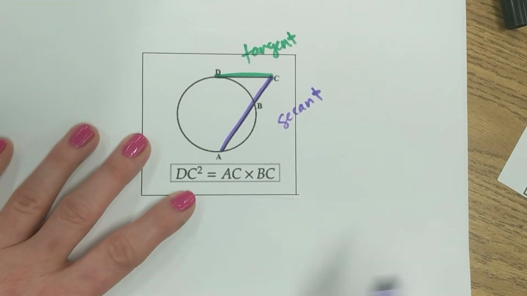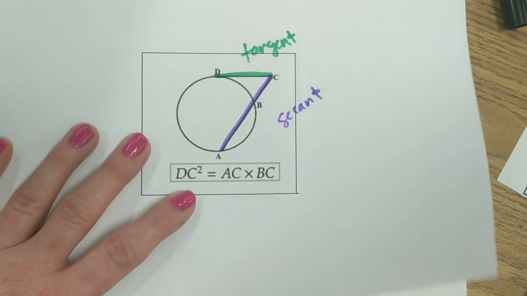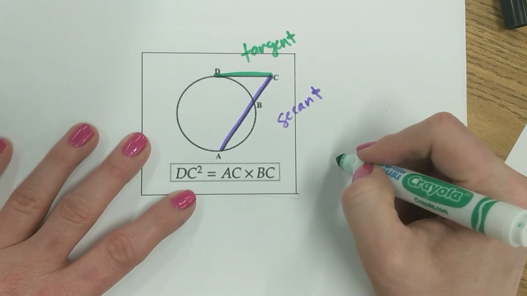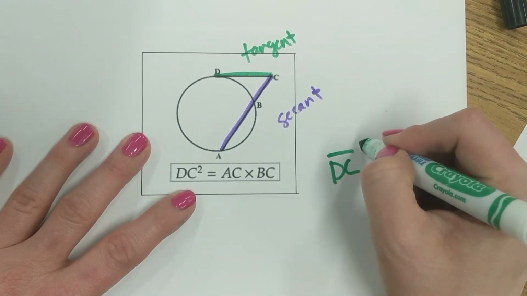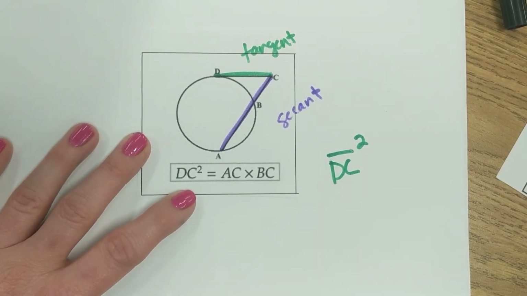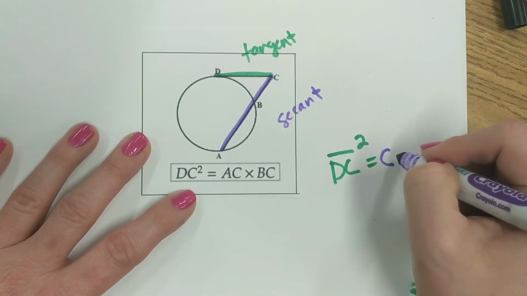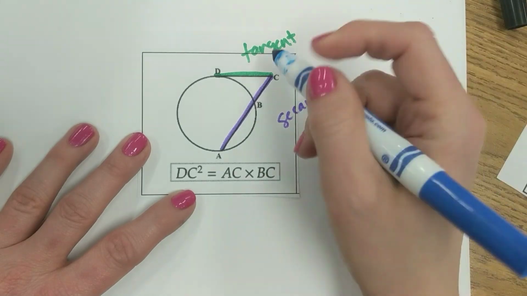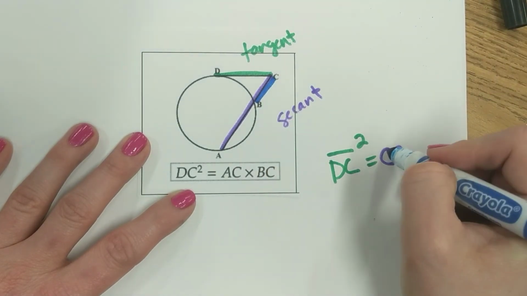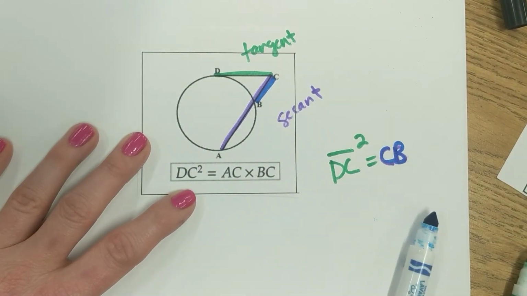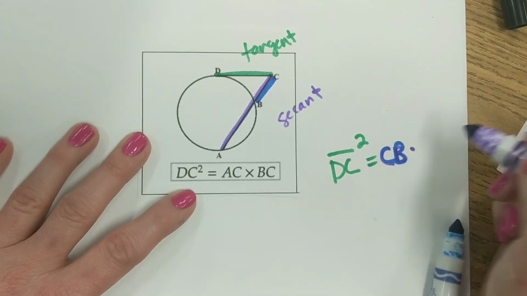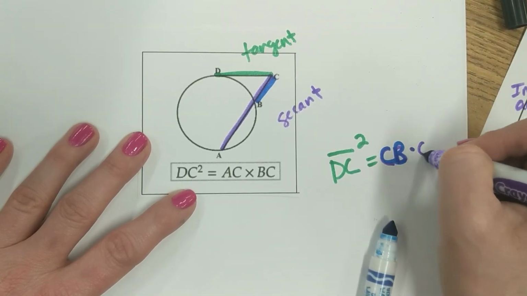Okay, so the rule says that the tangent, that's DC, times itself, equals the outer part of this, CB, times the whole thing, CA.